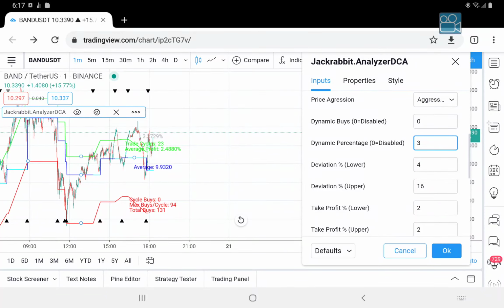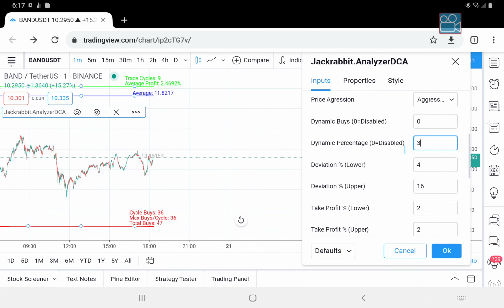Because then it's right off the bat, this is going to be taking on too much beyond a 3% boundary of my average. Okay, we've dropped it down from 94, where's my mouse, to 36. So I just took off 60 transactions with just a very quick change.